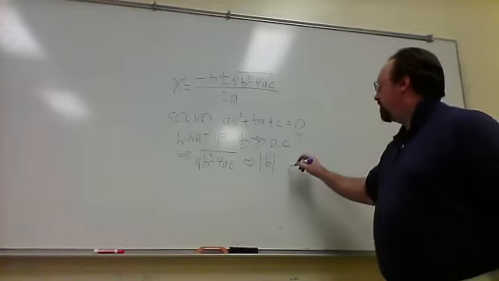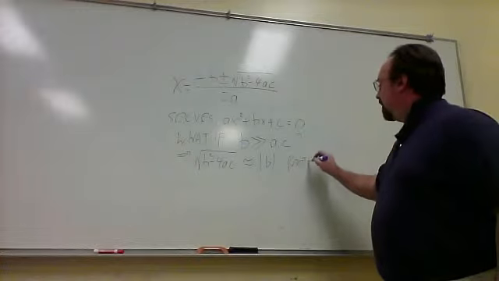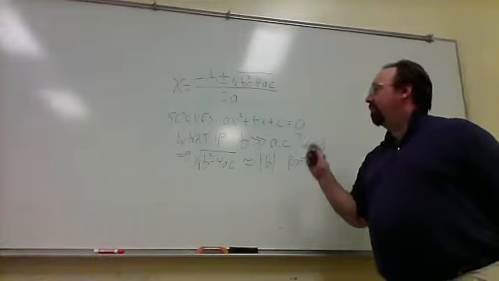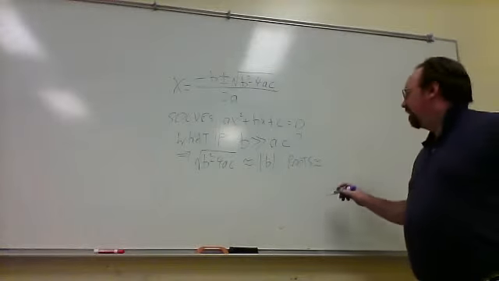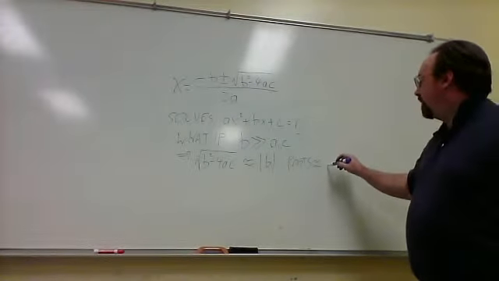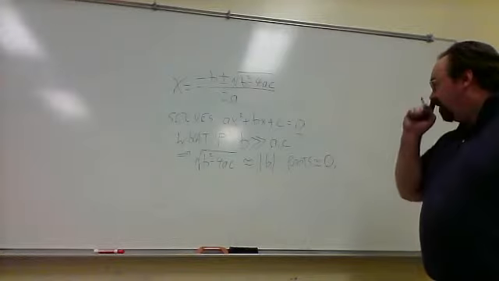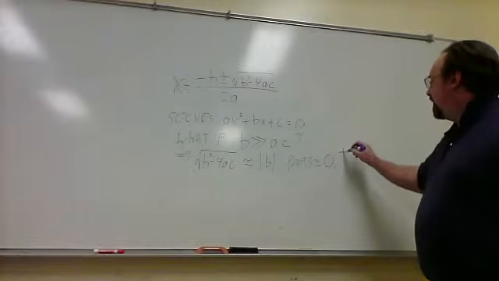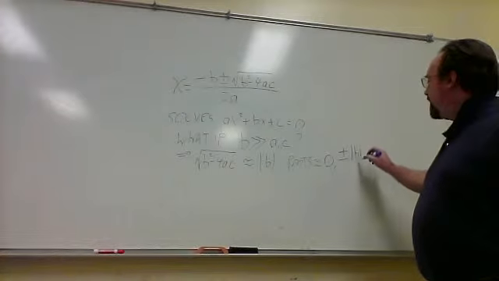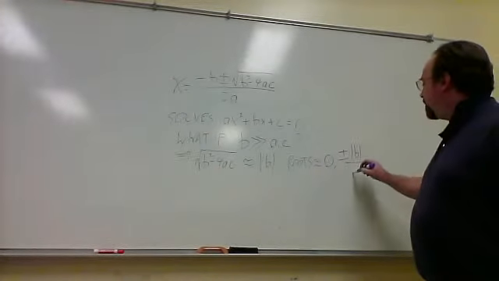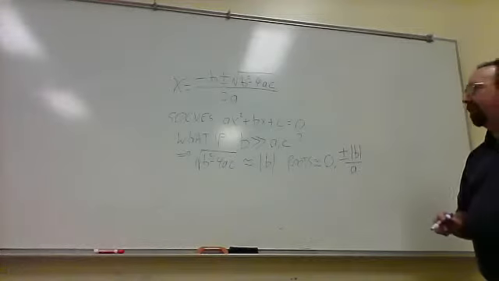So the roots, depending on the sign of b, will be approximately equal to, well, one root is going to be approximately 0, and the other root will be plus or minus absolute value of b over a.